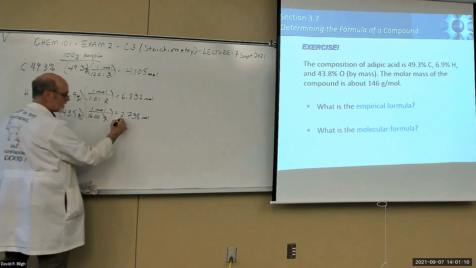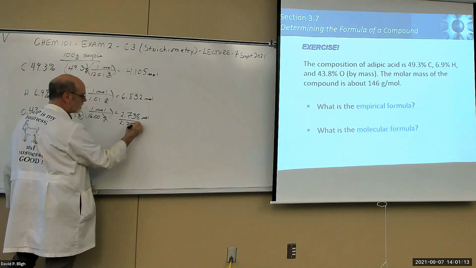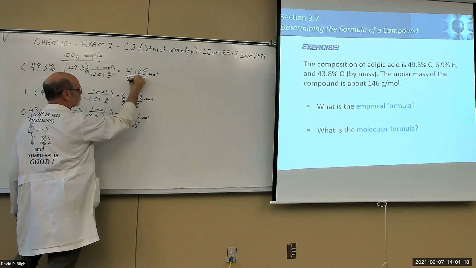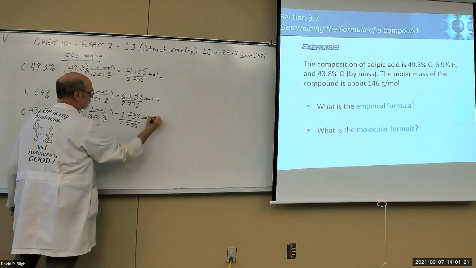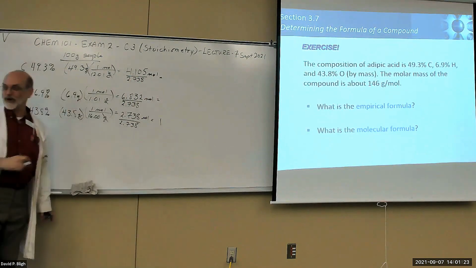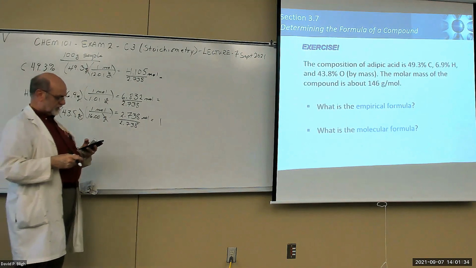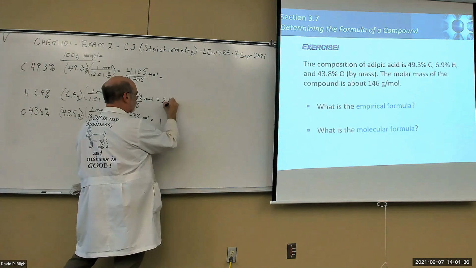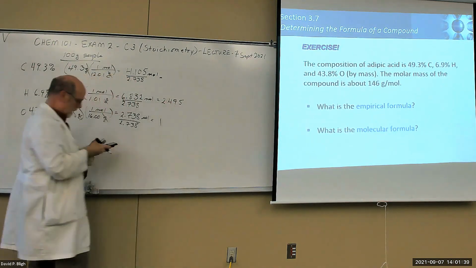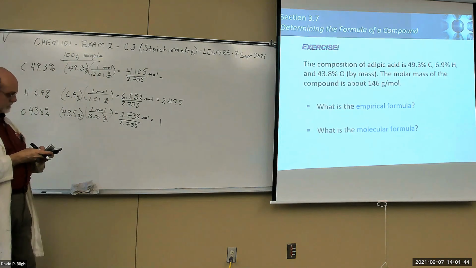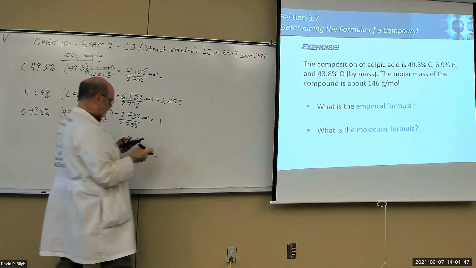If we divide it through by 2.738, this one's obvious, that's 1. 6.832 divided by 2.738 is 2.495. And 4.105 divided by 2.738 is 1.499.